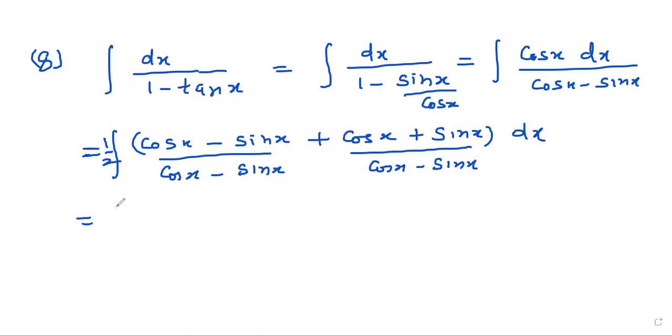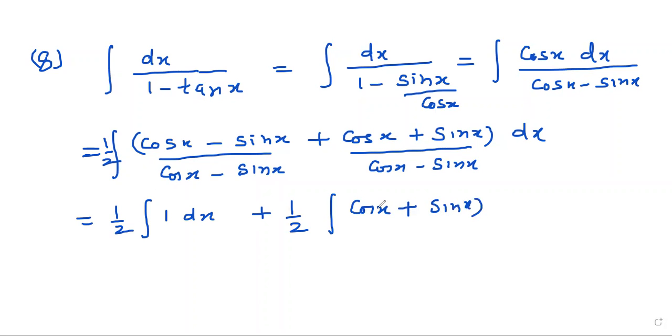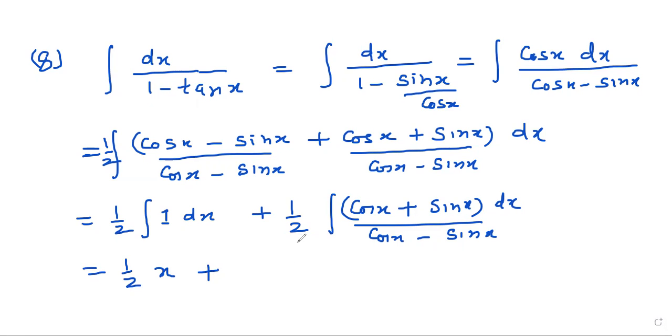So first term will become 1 by 2 integration 1 dx, and second term will become 1 by 2 integration (cos x plus sin x) dx divided by cos x minus sin x. So integration of 1 dx will be just x, 1 by 2 x plus, here again we take this equal to I, plus I, and suppose this is question number 1.